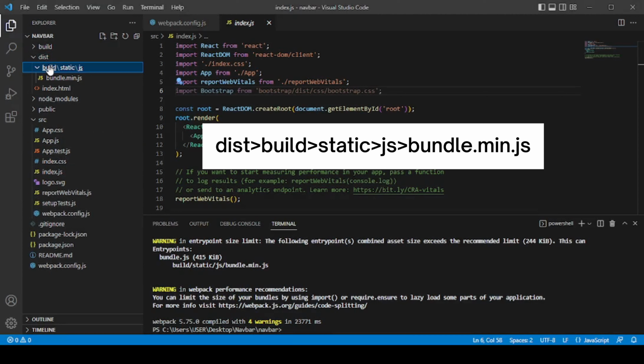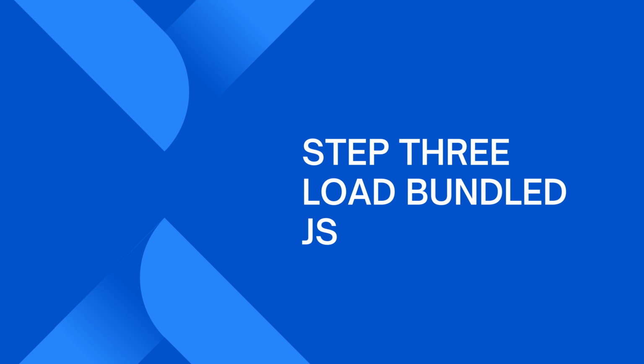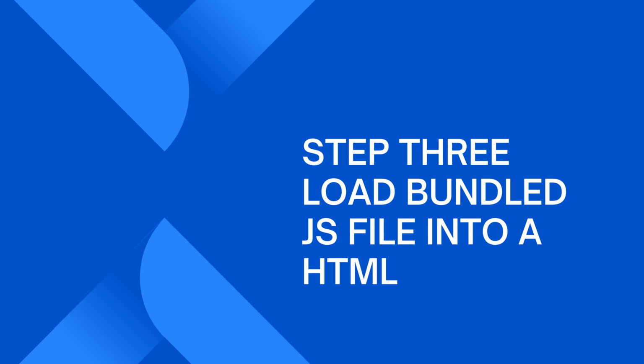To include the React application in a single HTML file, simply load the bundle.min.js file in an HTML tag. Our final step is to load the bundled JS file into a new HTML file.